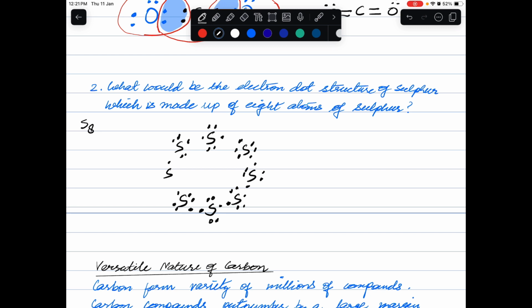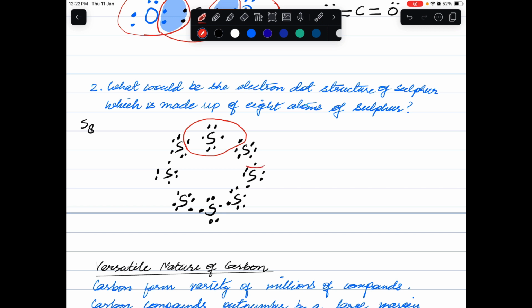We will write the electrons in a way that makes it easy to show the overlap in the electron dot structure. This is how 8 sulfur atoms are arranged with their electrons. Now every sulfur atom will share 1 electron with each neighboring sulfur atom, and on each side it will form 1 covalent bond.